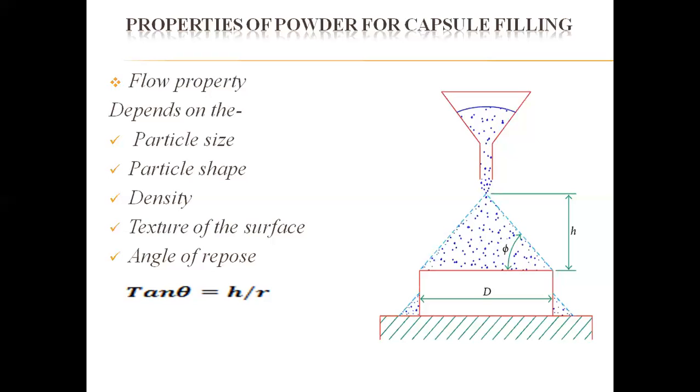The powder flows smoothly if the angle of repose is around 25 degrees, and with the increase in angle of repose, the flow property of the powder is reported to decrease.